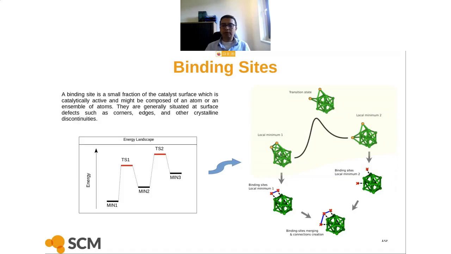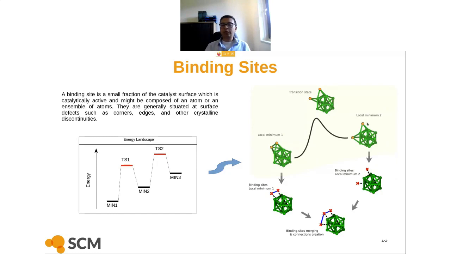This is a local minimum that goes through this transition state to create this other configuration. That's basically just one of the atoms diffusing on the cluster. So in this case, it's simple. The binding sites just correspond to the position of the atoms. And these two binding sites are considered connected because they are connected in this molecule.